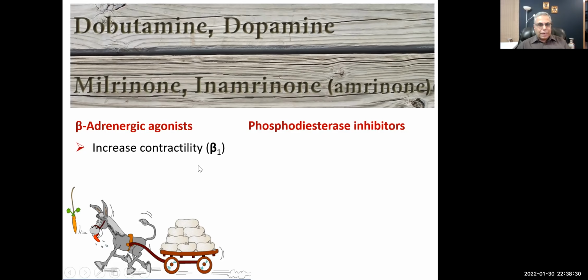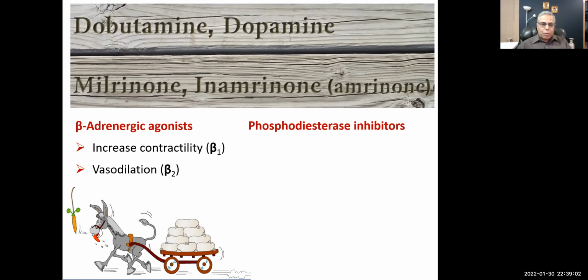They increase contractility. Now, dopamine at higher doses is an agonist of the beta receptors as well. Otherwise dopamine is an agonist of the dopamine receptors, but as you increase the dose, then it has its effect on beta receptors. And they cause vasodilation because stimulation of beta-2 receptors causes vasodilation.